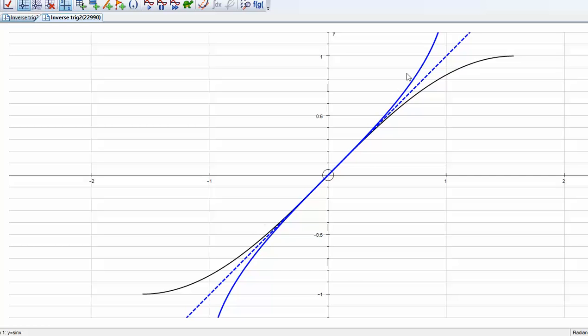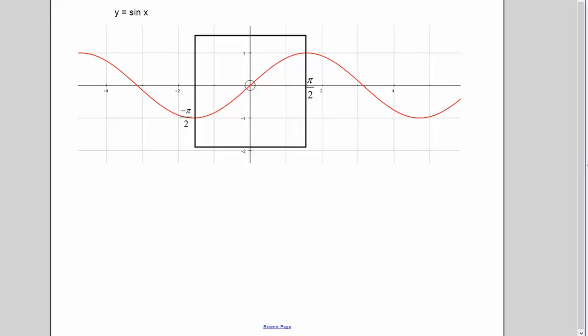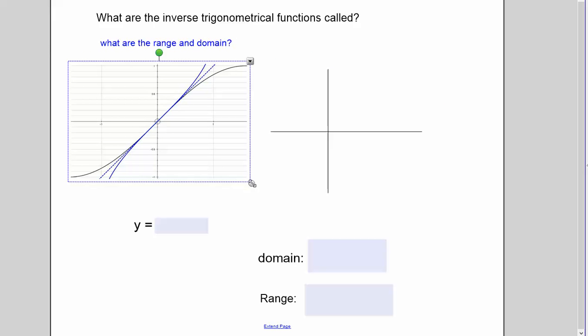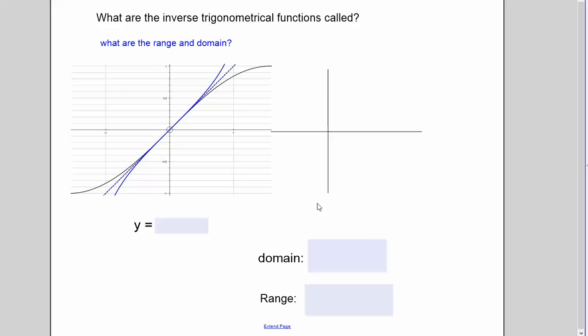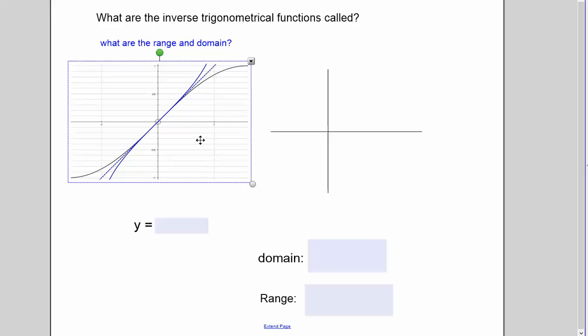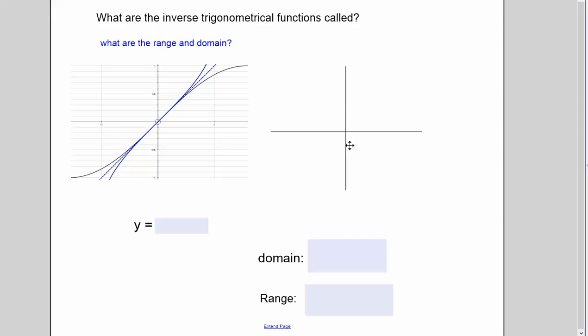So it sort of goes up like this through 0, 0, and then goes down. So let's have a closer look at that over here. So that's our inverse function. Now I'm just going to draw it again on the grid here to make it a bit clearer of the shape of that graph.